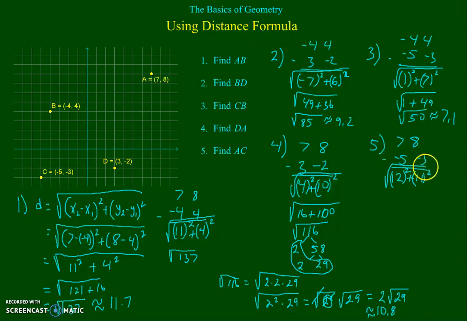Square, add, square root: 144 plus 121, square root, that's the square root of 265. And this number is irreducible, so that's approximately 16.3.